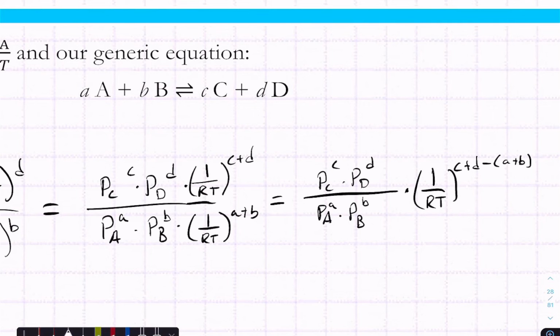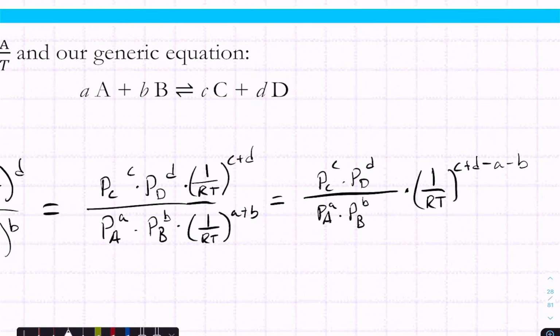And you can even distribute that negative, which I kind of like a little better, because then it's c plus d minus a minus b. So I'm actually going to go ahead and do that. So if we have the partial pressure of each of these reactants and products, we can actually convert from Kp into Kc as long as we know the temperature.